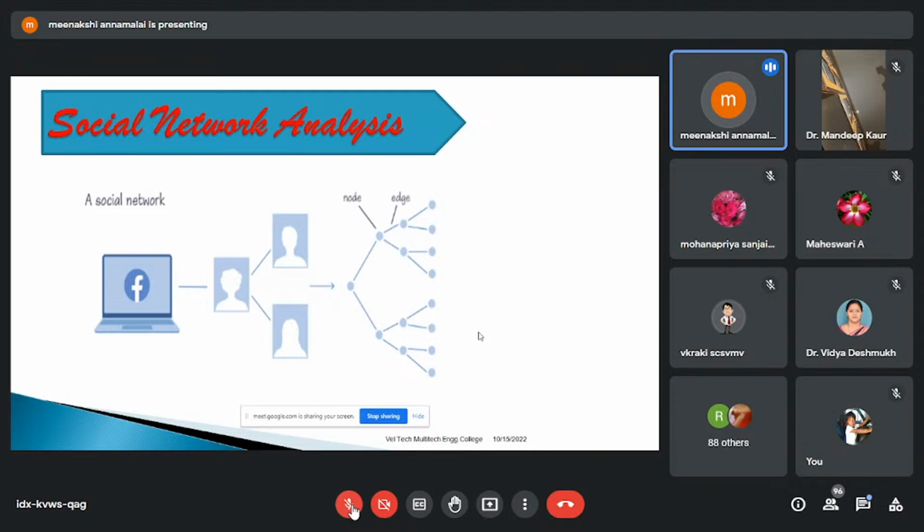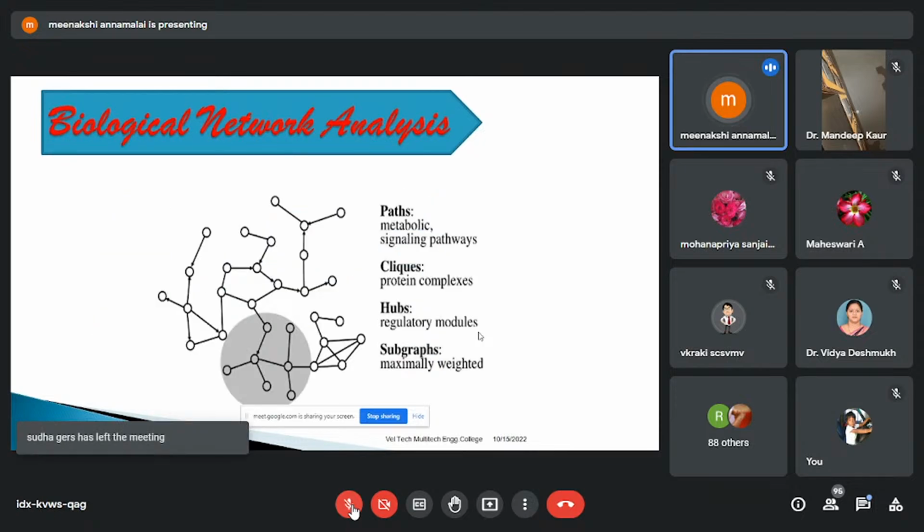Next one, biological network. The biological network is also one type of social network. And here especially we look at network motifs and activity motifs. What are motifs? Motifs are small subgraphs which form some local patterns presented in the biological network.